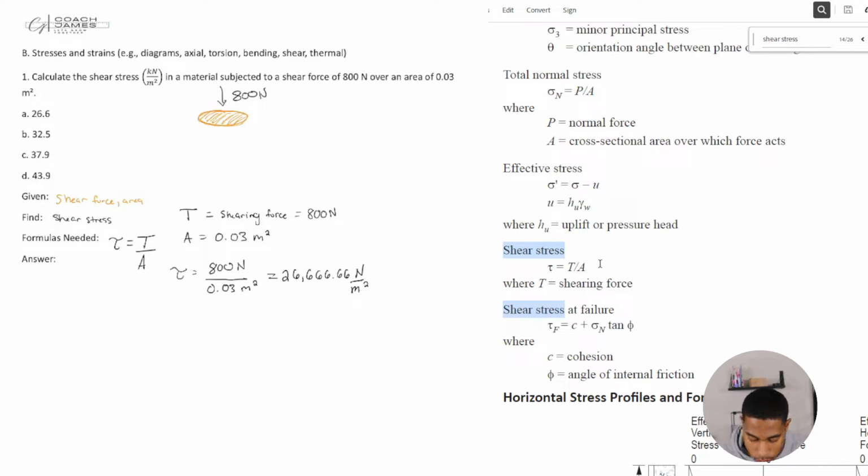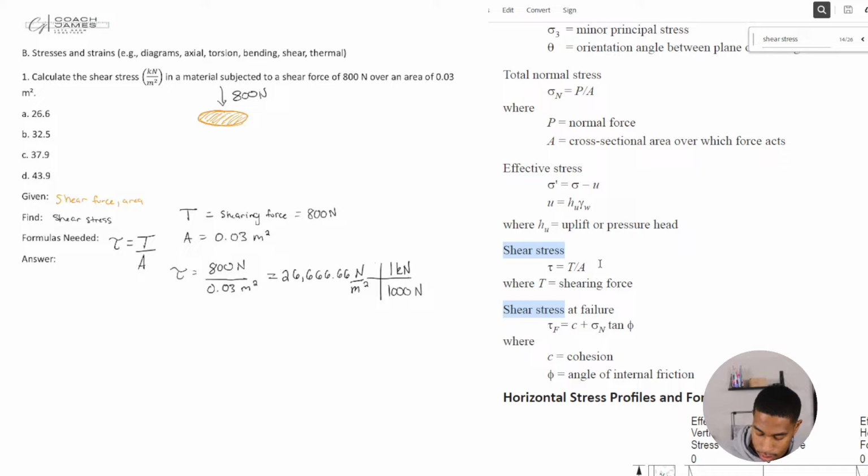Okay. What's wrong with this? If we get this for our answer, why does it not match? Well, they want us to calculate our answer in kilonewtons per meter squared, and we have newtons per meter squared. So how do we get that in the right units? We just need to do something simple: 1,000 newtons are in 1 kilonewton.